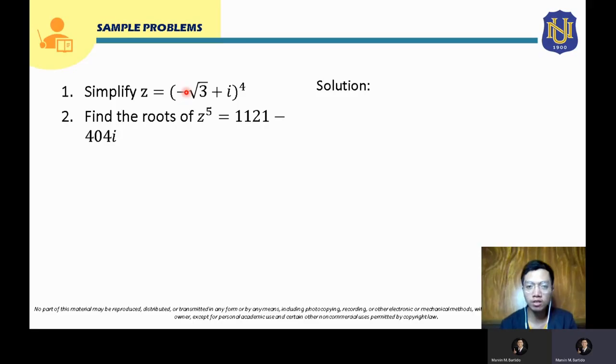So we have to convert this rectangular form into either polar form, trigonometric form, or exponential form. In this case, we have to determine first the r and theta.